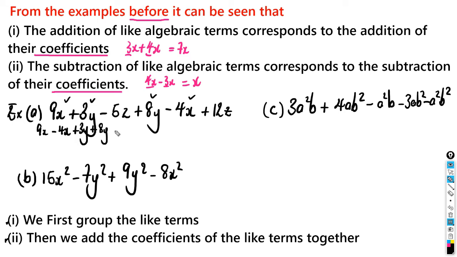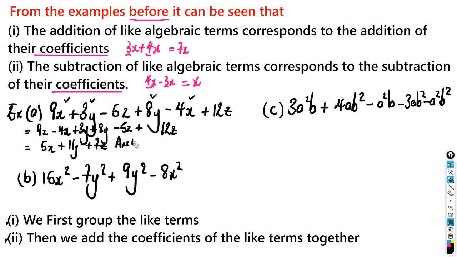Then we're going to say negative 5z plus 12z, right? So now we know that we have all the like terms together. So all we have to do now is just add or subtract the coefficients. So we're going to end up with 5x plus 11y plus 7z. And that's the answer.